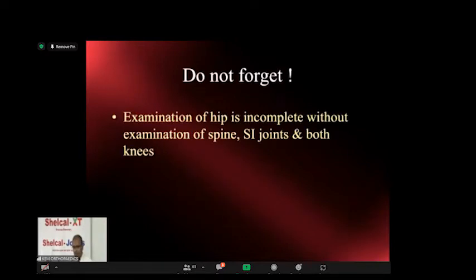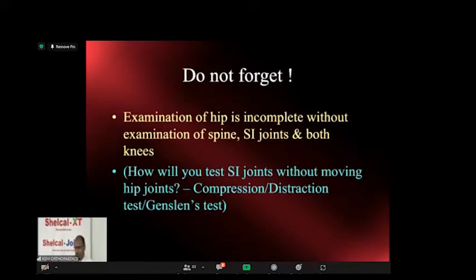So do not forget the examination of the hip. Examination is incomplete without the examination of the spine, SI joint, and the knees. So always examine the SI joints and the knees and the spine also. Sometimes it is asked, how will you test the SI joints without moving the hip joints? So you tell compression distraction test or Gaenslen's test, where you take the patient to the edge of the table and extend the hip joint by holding the pelvis.